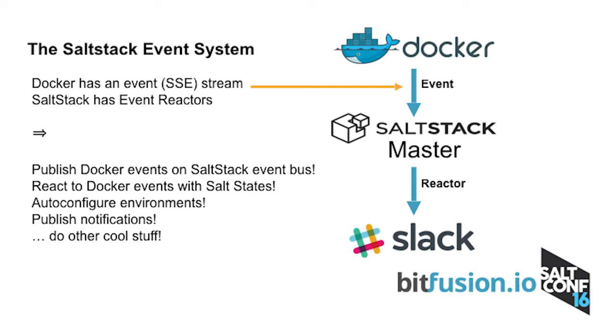Docker has an event stream, which is sourced using the server-side event protocol, which basically means it's opened up as an HTTP port, you connect to it with a persistent connection, and it pumps an event stream down to you. So we wanted to be able to take those events coming from Docker, feed them onto the Salt event bus, and then have Salt reactors track those events and carry out behaviors when we actually had an event come in.